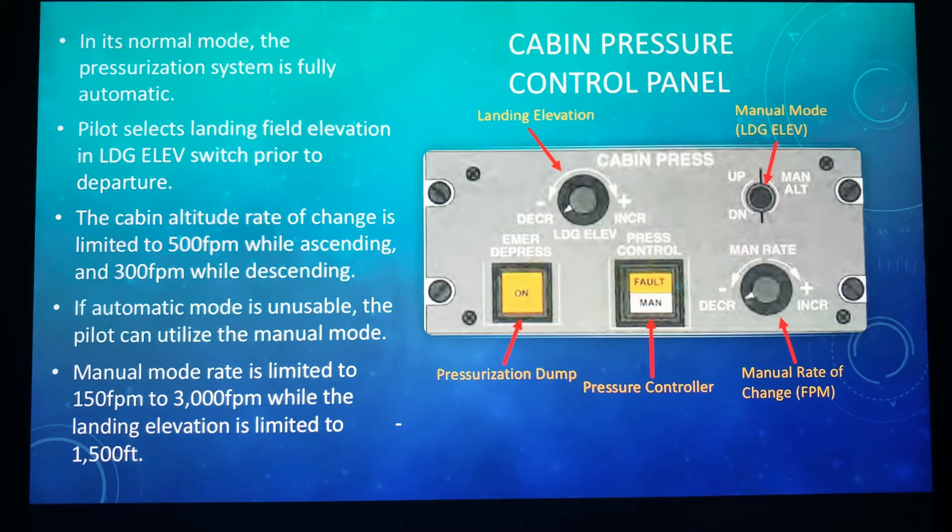In that way, the landing elevation can be selected with the manual switch, and the manual rate of change, which is basically the climbing and descending rate of change of the cabin pressure in feet per minute, can be selected here. In the manual mode, it is limited to 150 feet per minute to 3,000 feet per minute, while the landing elevation is limited to negative 1,500 feet.